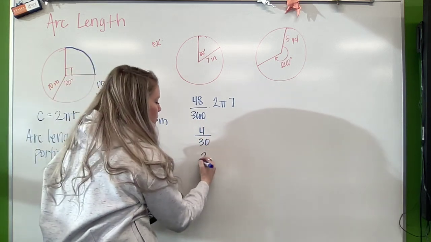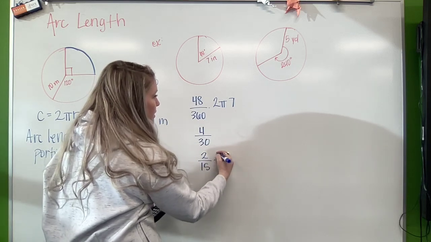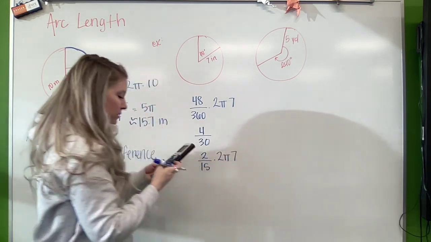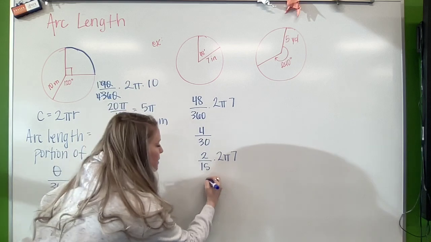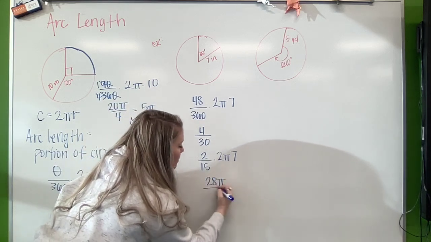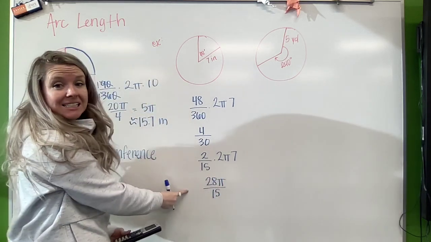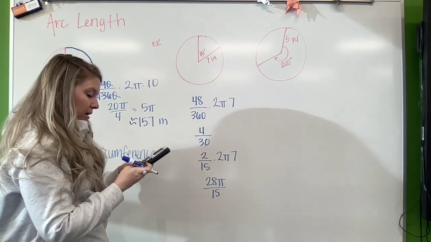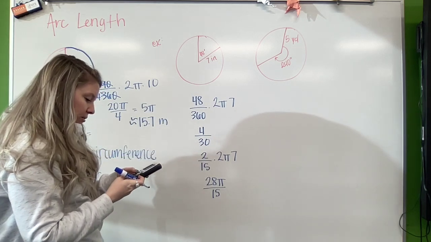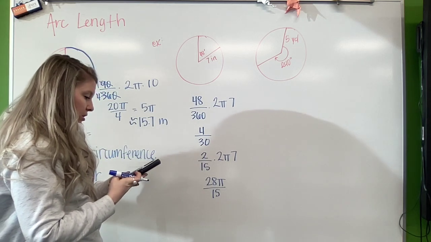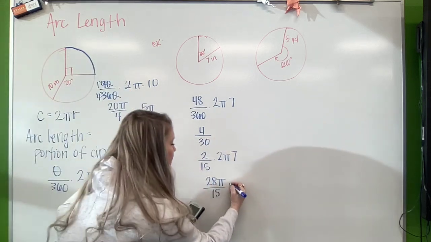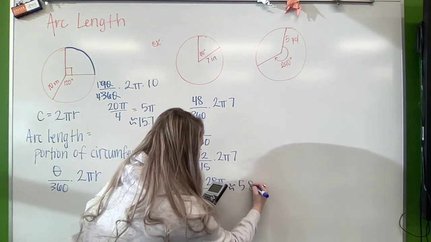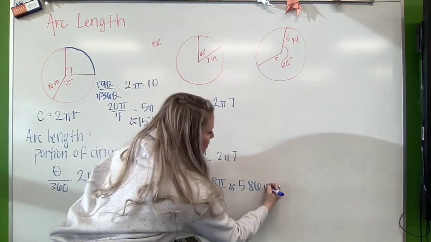So that's going to become 2 and 15 times 2 pi 7. So that's going to give me 28 pi over 15. Again, this is the exact value, but I can go ahead and plug that into my calculator to see what that equals. 28 pi divided by 15, that's about 5.86 inches.